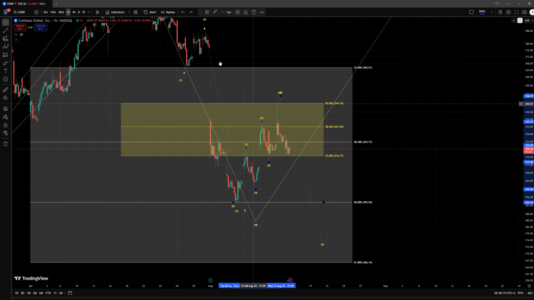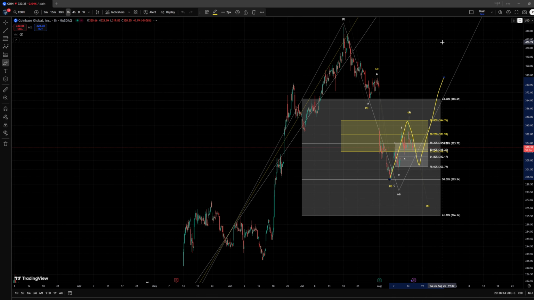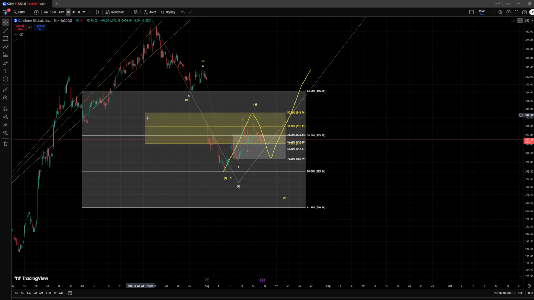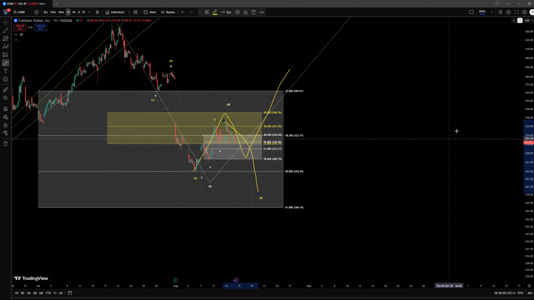In this case, I would be looking to find support in the support zone that I am providing here in white between $324 down to around $303.8. So as long as we hold this support zone, we can still look for a 1, 2, 3 that could take us into the fifth wave to the upside directly from here without forming another local low.